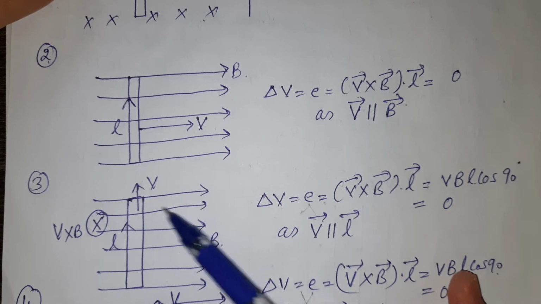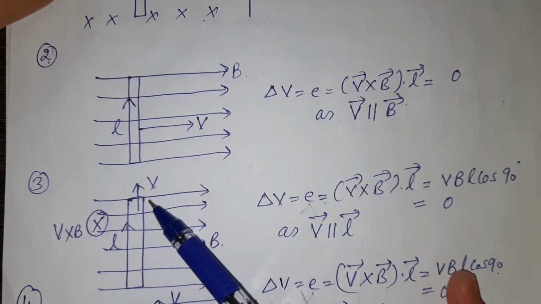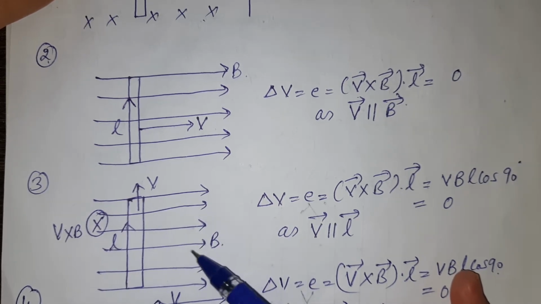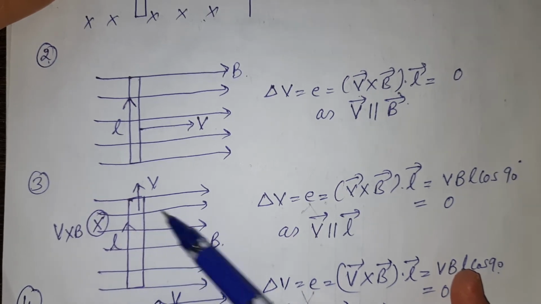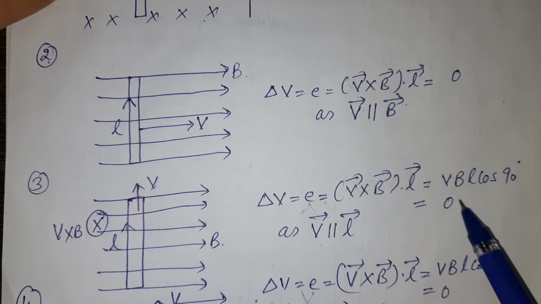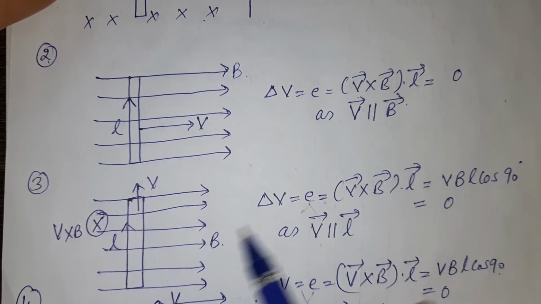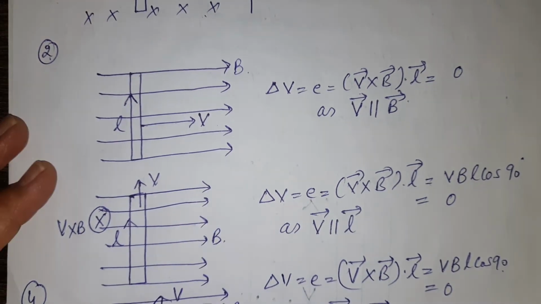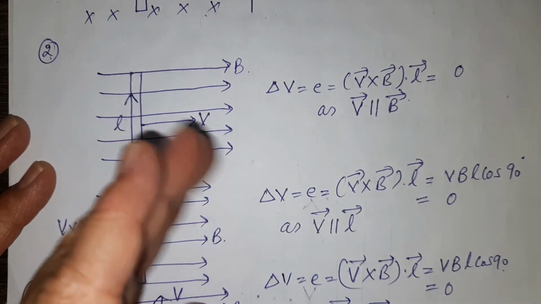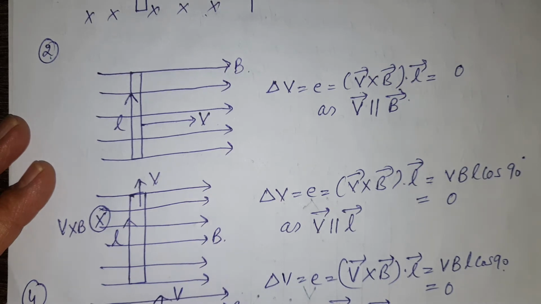So V cross B will be VB, and the angle between V cross B and L will be 90 degrees.